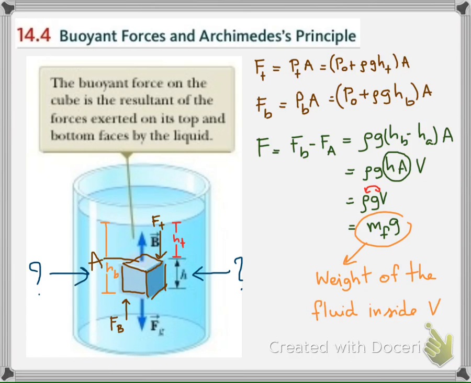But in the vertical direction it is not symmetric, because the height HT is not equal to the height HB. So we have a net force in the vertical direction, equal to the weight of the fluid that is replaced by the object.